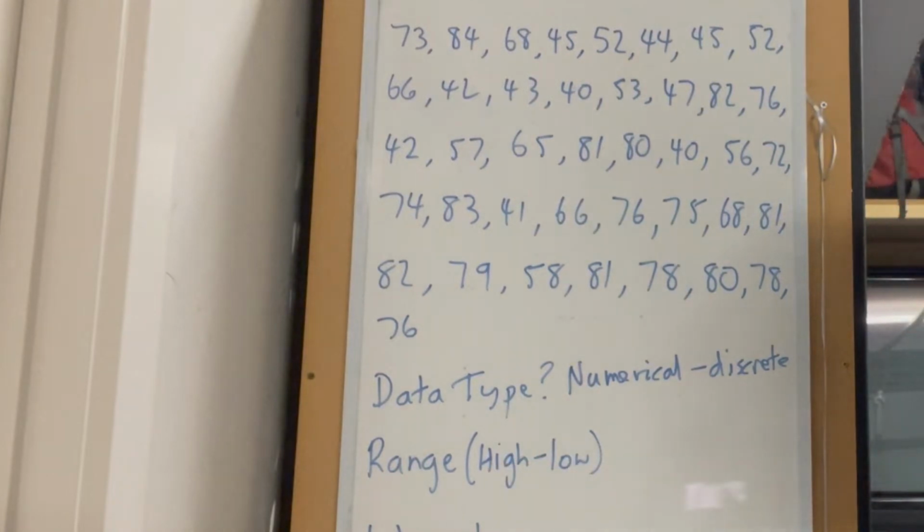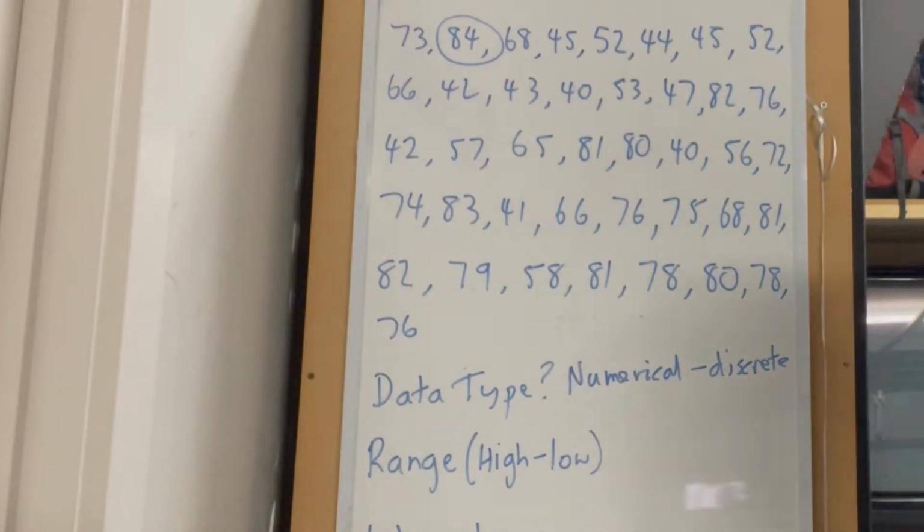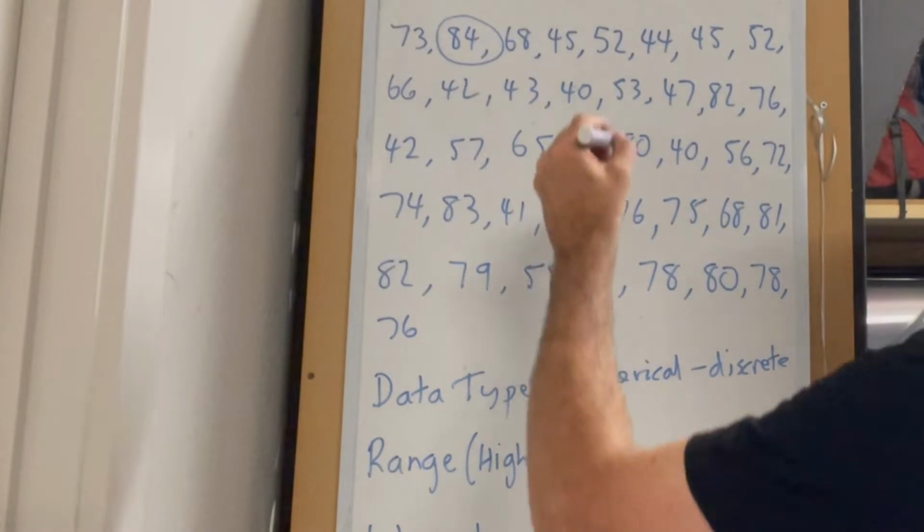Now, one of the things is the range. The range is where we take the highest number and we remove from that the lowest number. In this case, 84 is the biggest score that the team scored for the season, and the lowest score that they got for the season was 40.